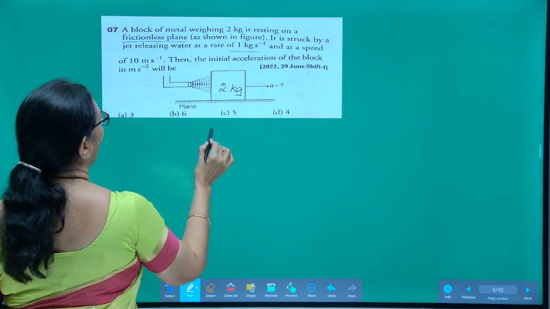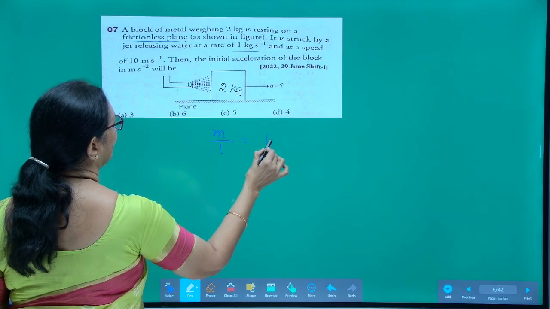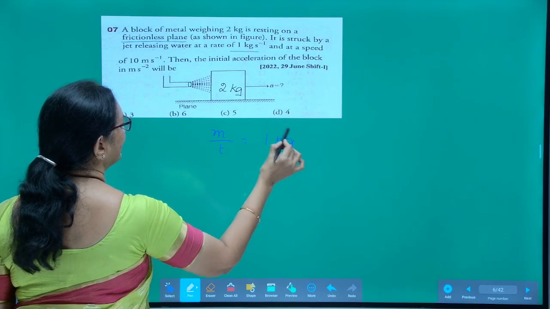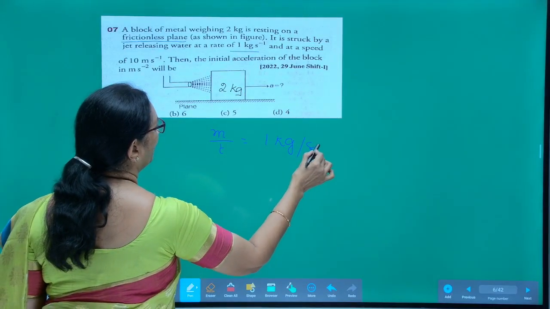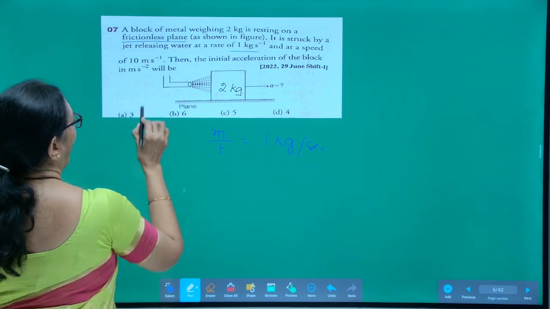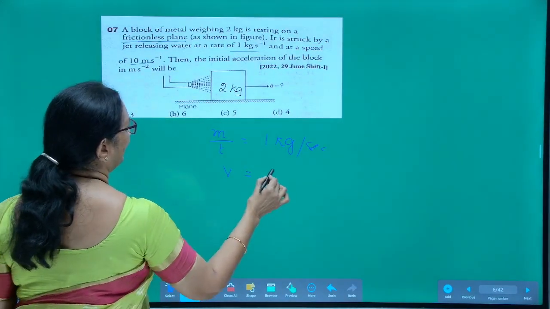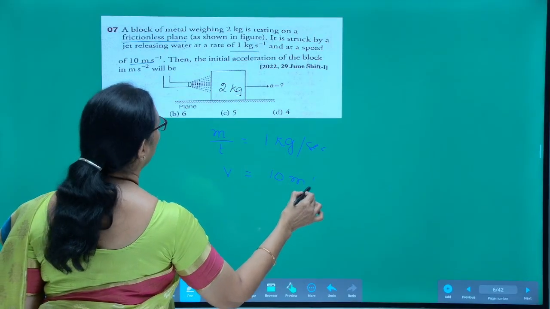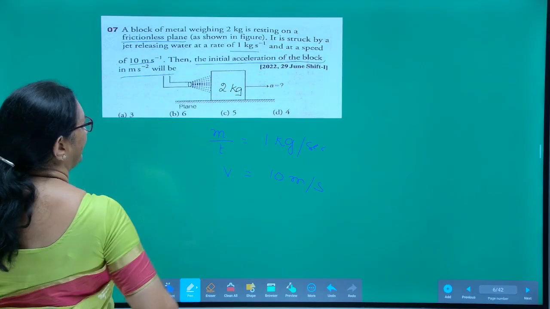M by t, the mass of water striking the block per second, is 1 kg per second, and its speed is given as 10 meter per second. The initial acceleration of the block?